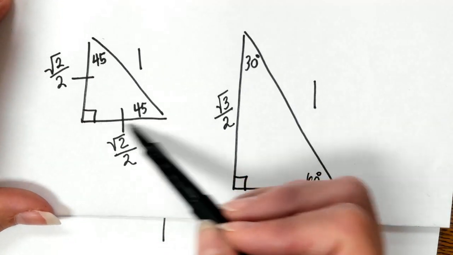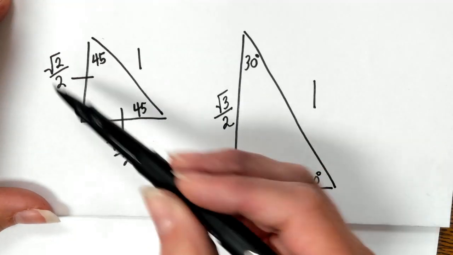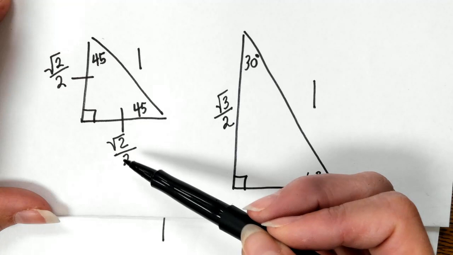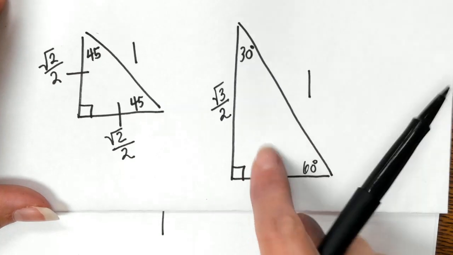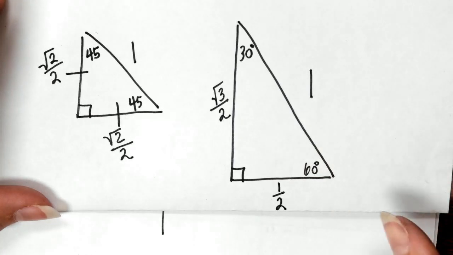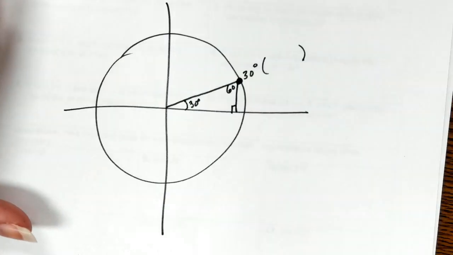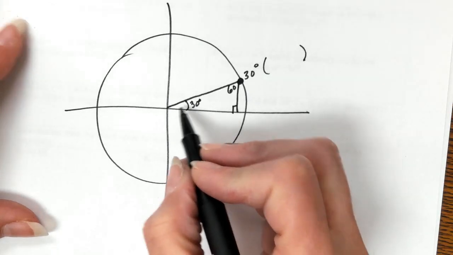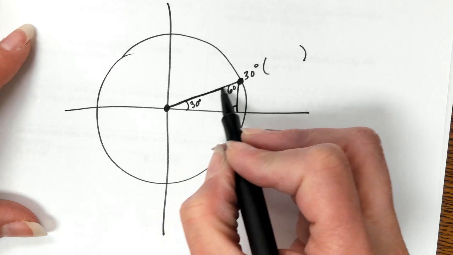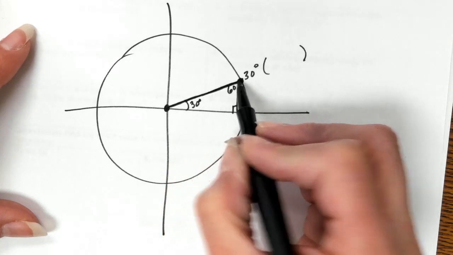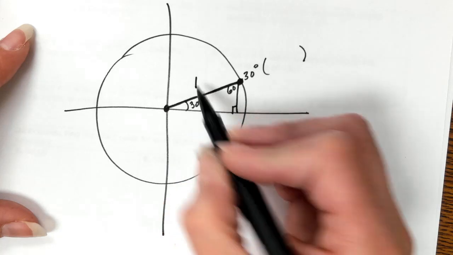I told you your favorite 45, 45, 90 was 1 for the hypotenuse, and the legs were radical 2 over 2. Now, if you think about this triangle, the short leg is 1/2. The hypotenuse is the radius of the unit circle, and we did talk about the radius of the unit circle is always the value 1.